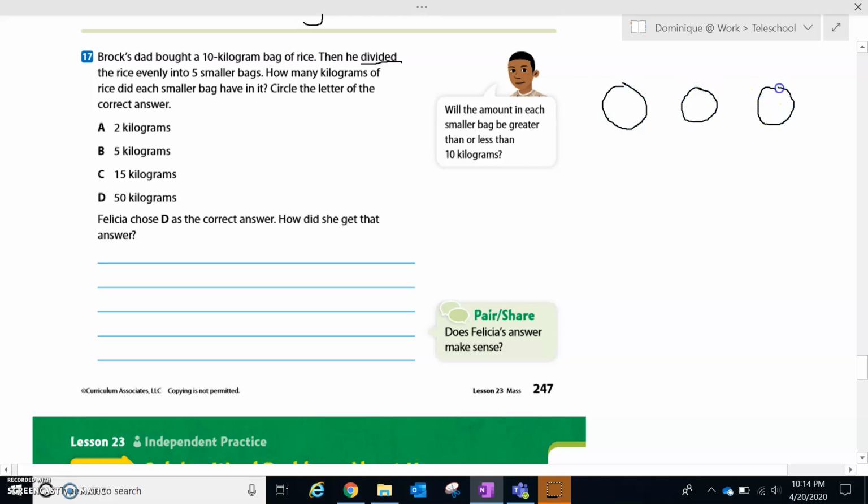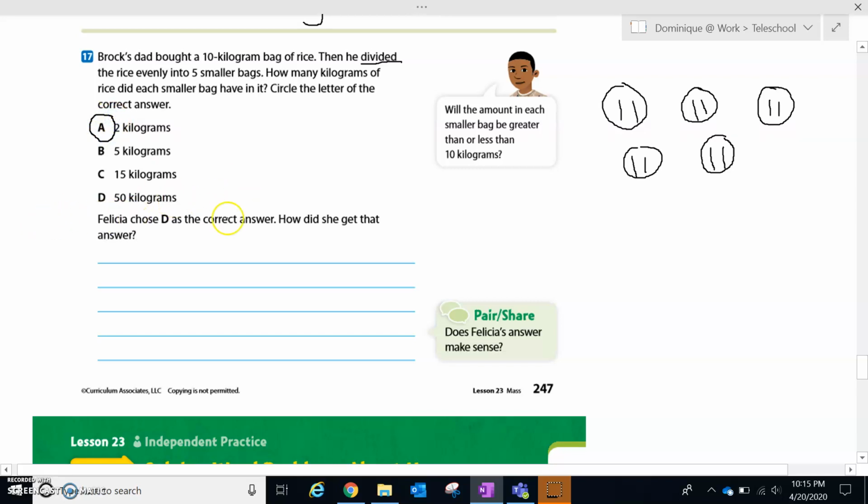And he wants to divide 10 kilograms amongst these. So 1, 2, 3, 4, 5, 6, 7, 8, 9, and 10. So we've divided our 10 kilograms of rice into these 5 smaller bags. How many kilograms do we have in each bag? 2 kilograms. Good job, guys. So we're going to circle A.